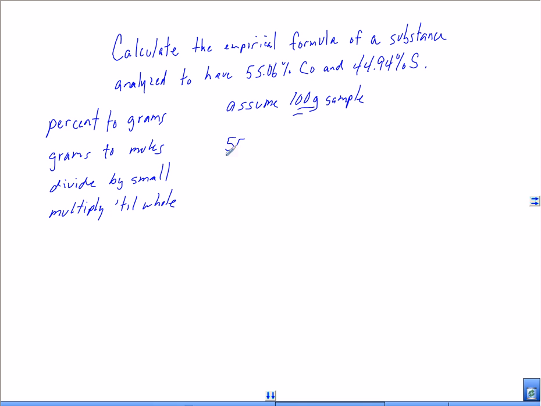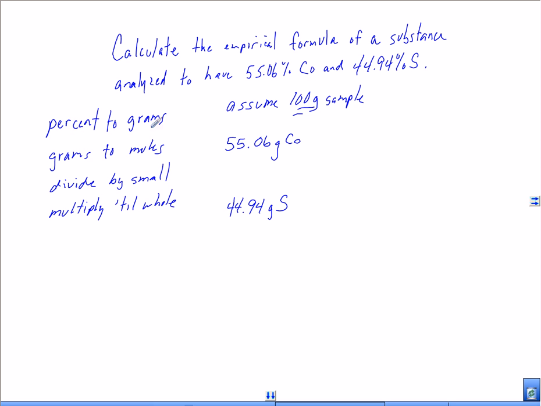If it's 55.06% cobalt, then it's also 55.06 grams of cobalt. And if I have 44.94% sulfur, I have 44.94 grams of sulfur. So that's the easiest step in our little rhyme.